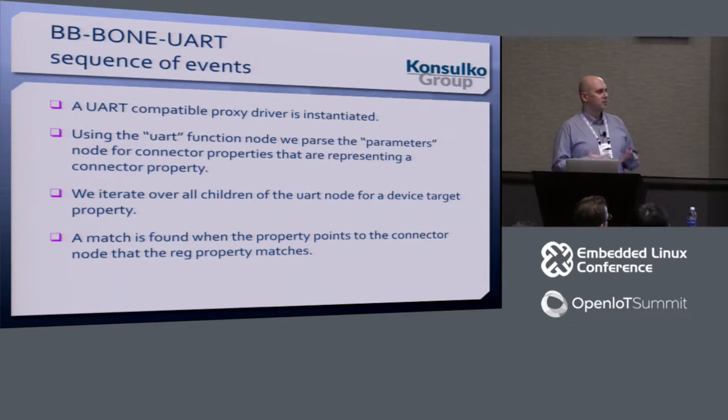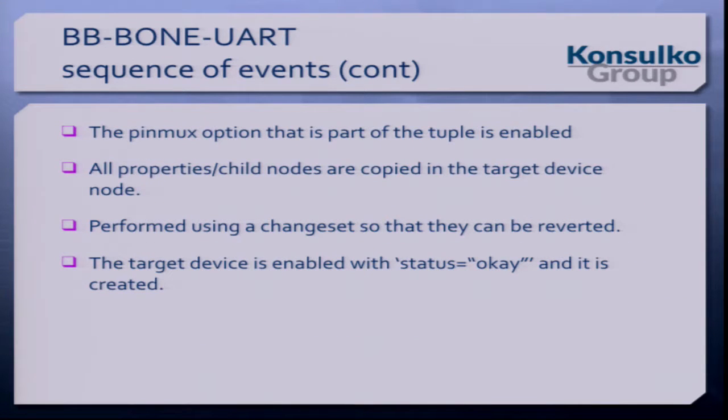When it finds a device match, it will just enable the pin mux option for those pin functions. All the properties of that node will be copied to the device that is pointed at. It will use a change set to enable that device in the backend, and that's it. You have a UART that's exactly the same as having it on the baseboard, but you haven't used anything board specific to make it work.